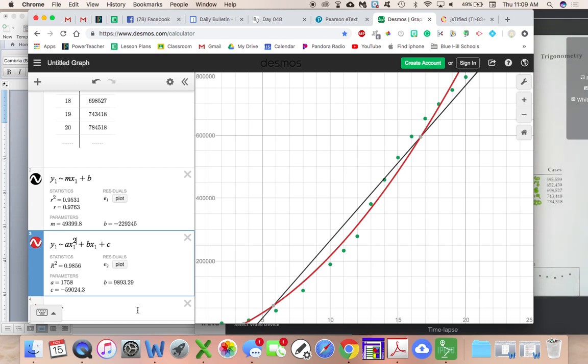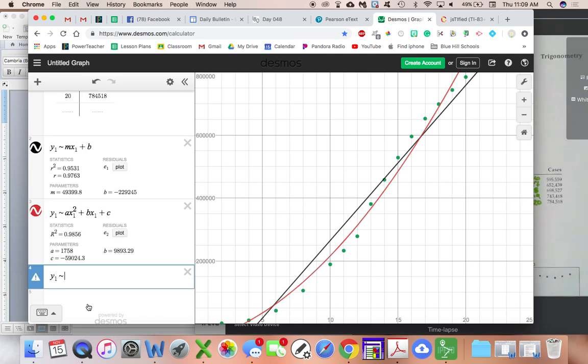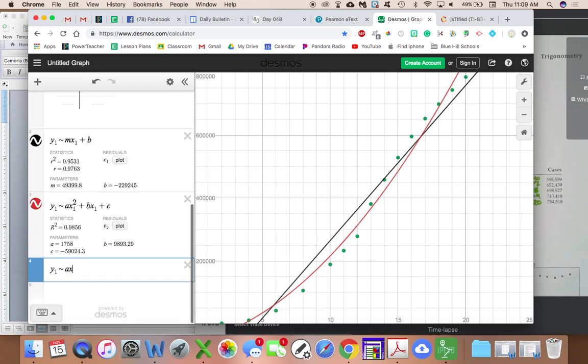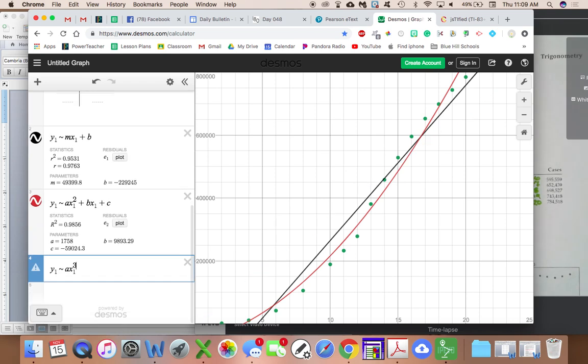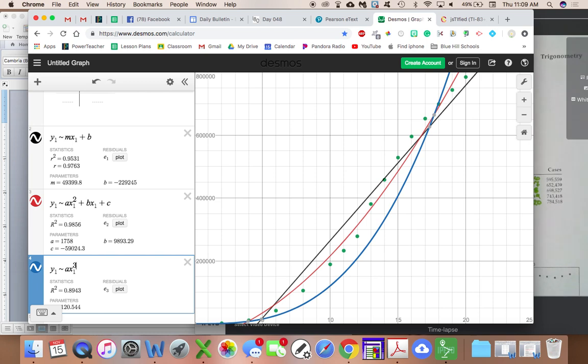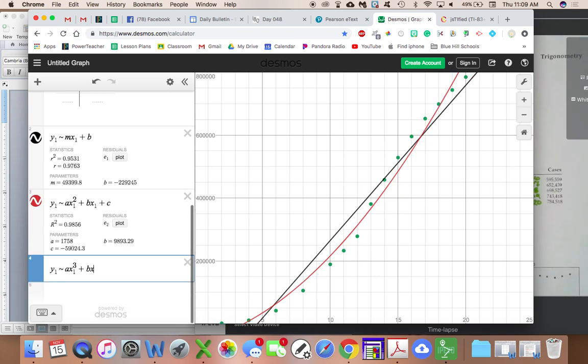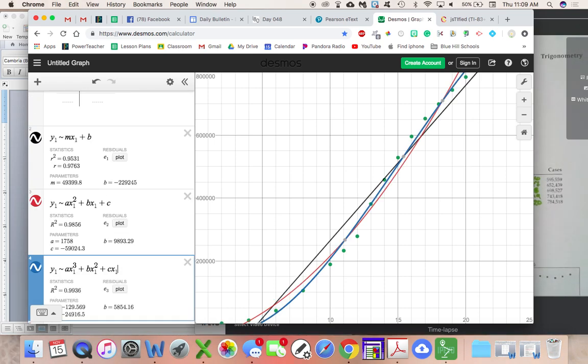So that's at 98%. That's a little bit better. And it tells me that a, b, and c would be this if that's a quadratic function. Let's see if we can get better than 98%. So we want a cubic function: a x1 to the third power plus bx1 to the second power plus cx1 plus d.